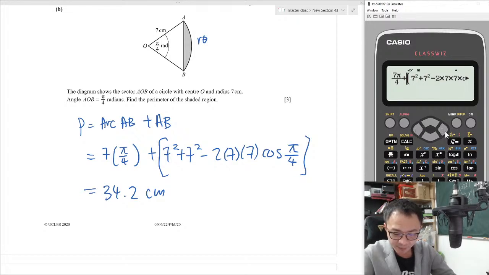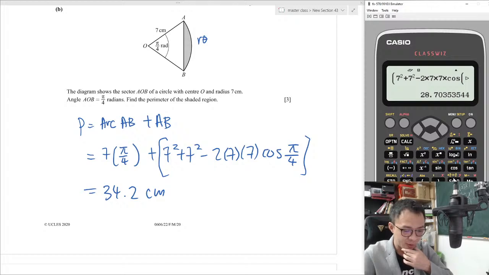Let me just cancel this out. Oh my god, this is way too long here. b squared plus c squared minus 2bc cos A. What's wrong with this one? Nothing wrong, right? It's 2 times 7 squared plus 7 squared. But how can I get 28?